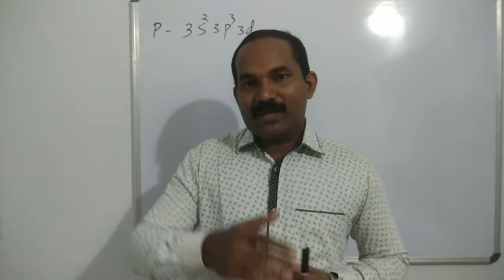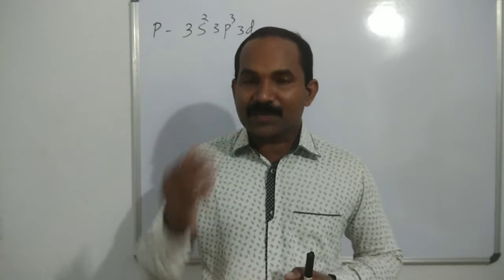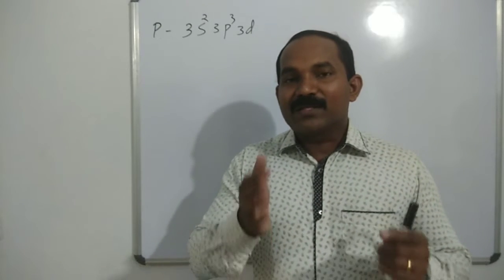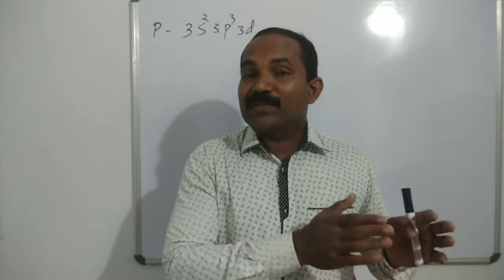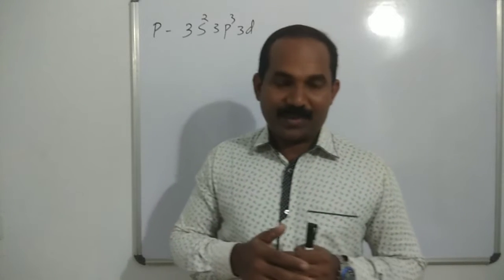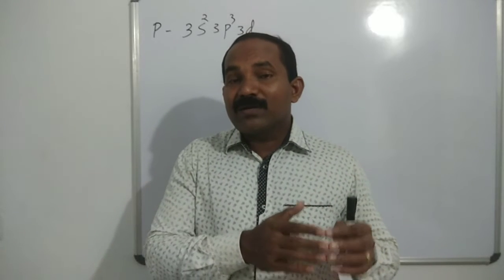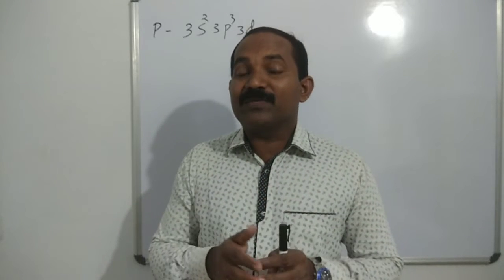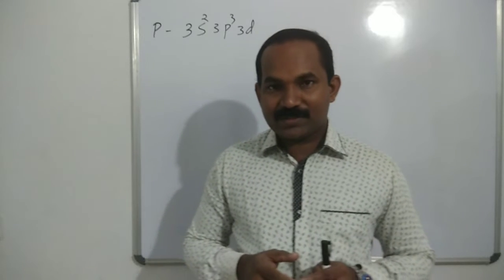Are you clear? The third shell contains 3s, 3p and 3d orbitals. The 3d orbitals have comparable energy with the 3s and 3p. Similarly, the 3d orbitals have comparable energy with the 4s and 4p orbitals.